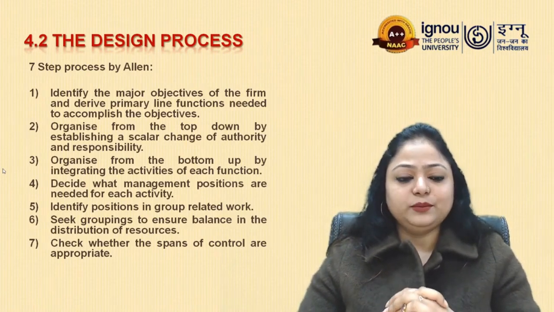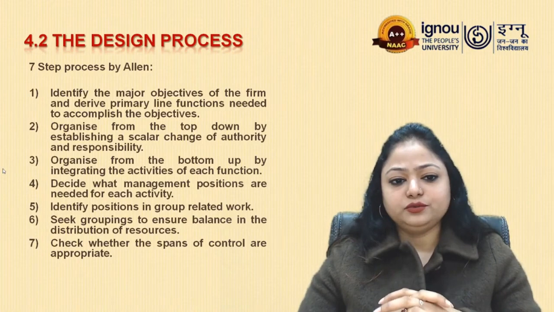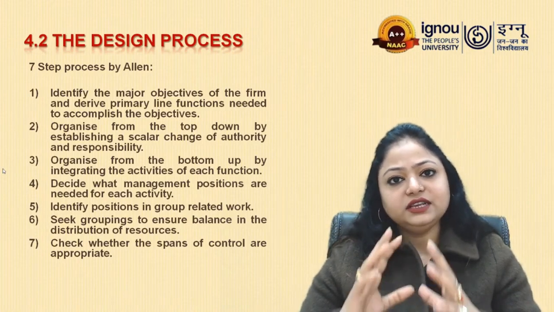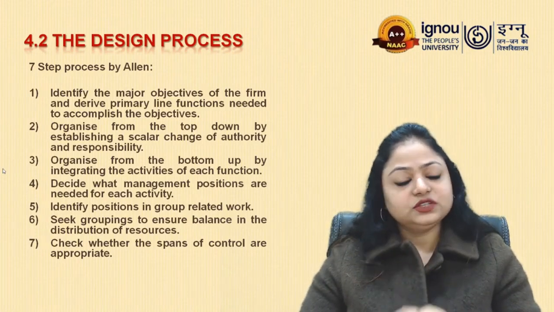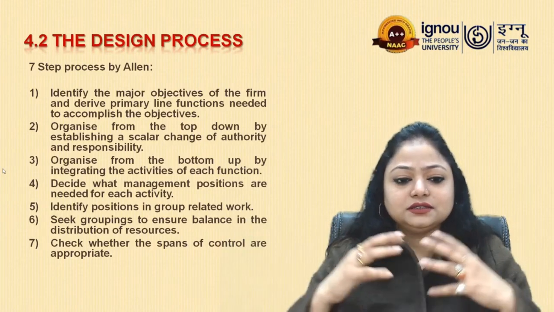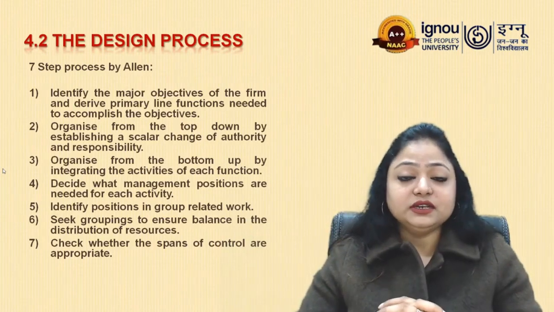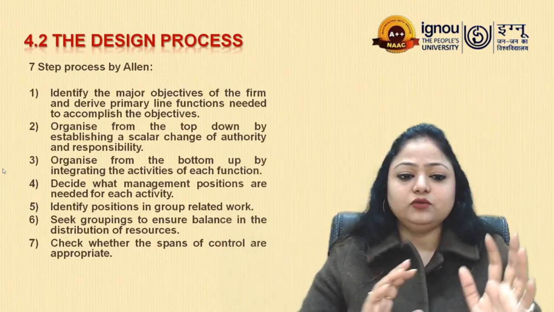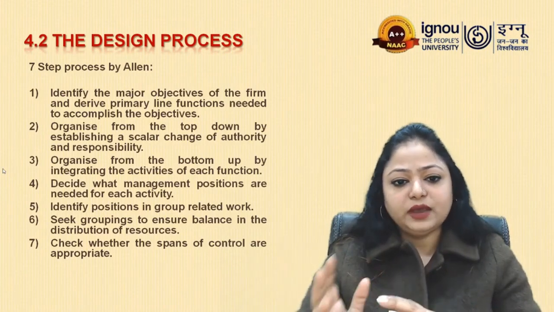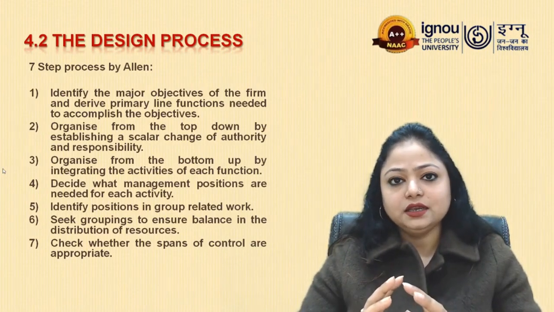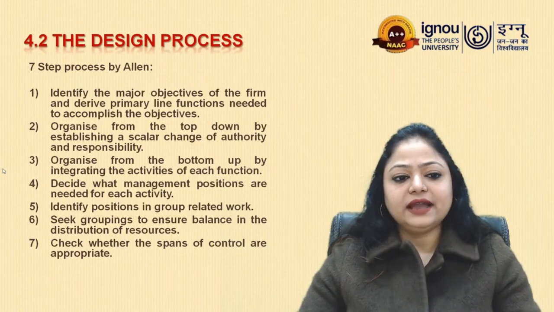Then the fourth step is to decide what more management positions are needed for each activity. So the set of activities are there, several different departments are to be planned, and then we see what type of management positions should be there to supervise those activities.